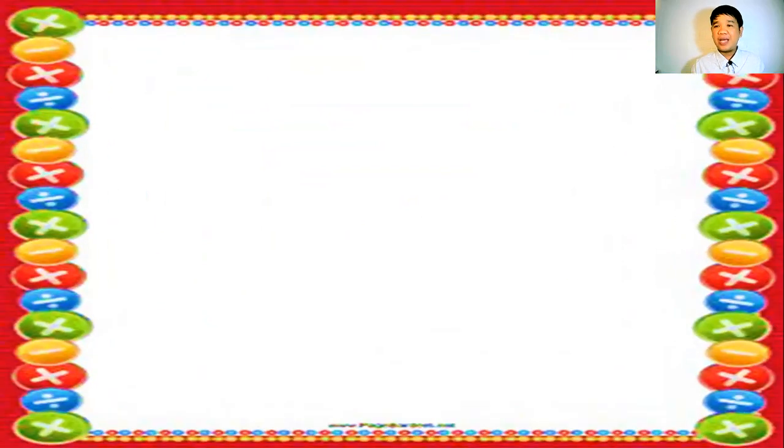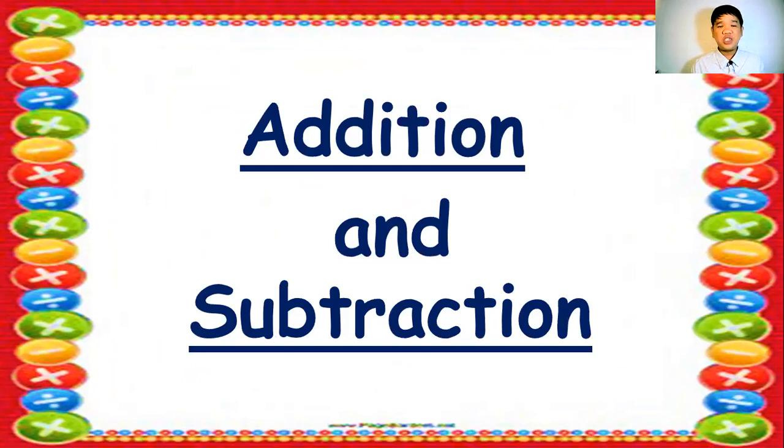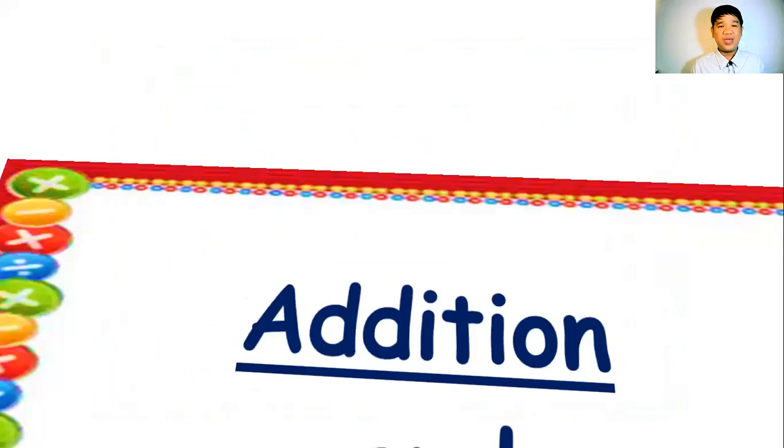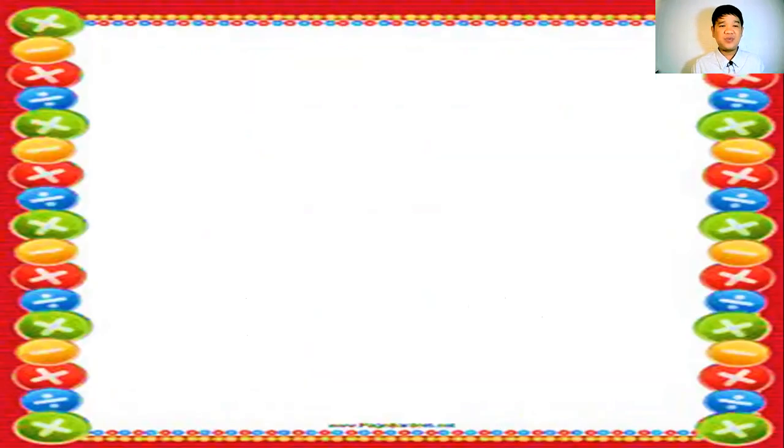Now, I'll show you pictures here, and we are going to count the number of objects. So again, we will talk about addition and subtraction. The first example we have here is this one. Look at the screen.